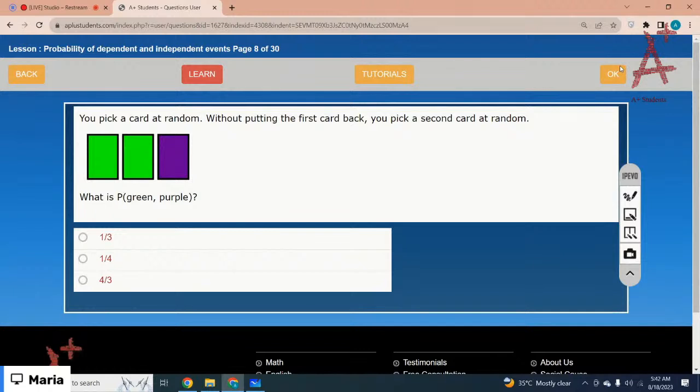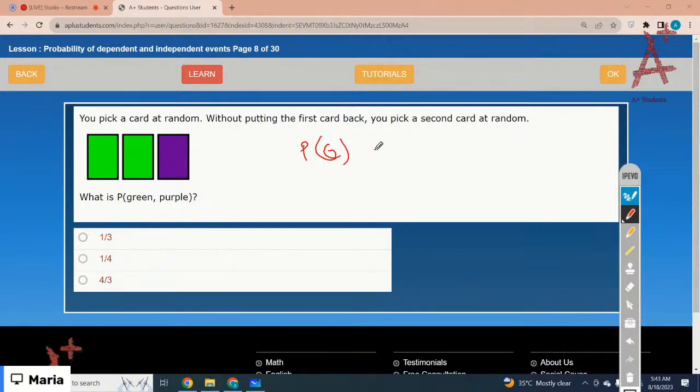For the first time, you have 3 options. So for green, it is 2 over 3. For purple, it is 1 out of 2, right? So just multiply. 2 and 2 cancel out, you are left with 1 over 3. So the correct option is 1 over 3.